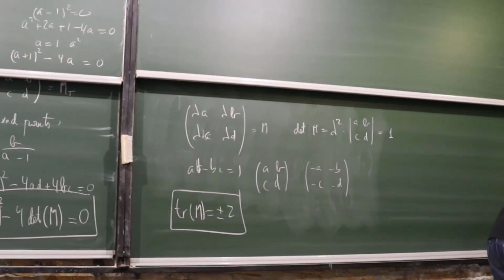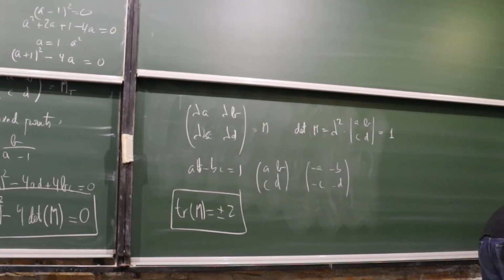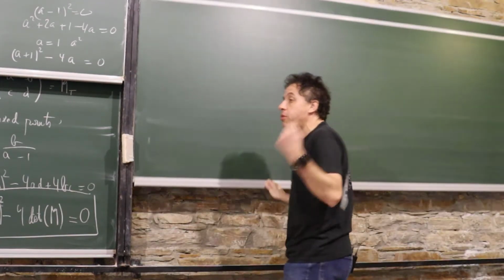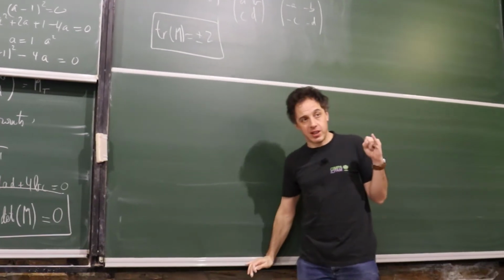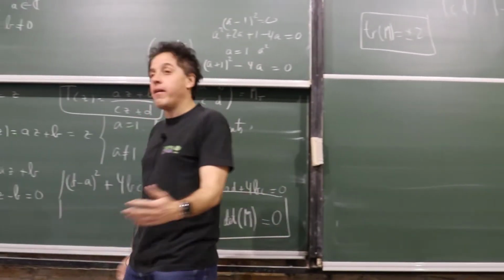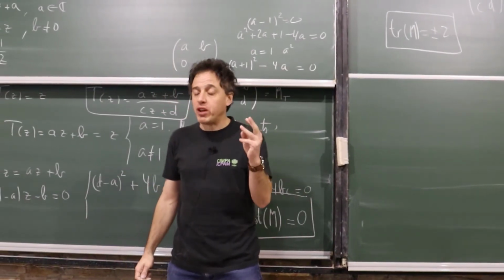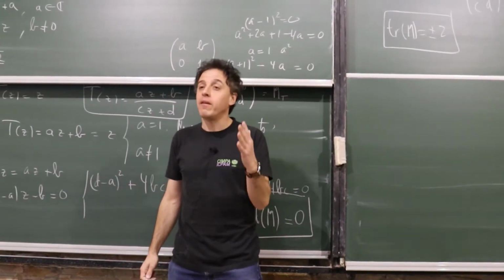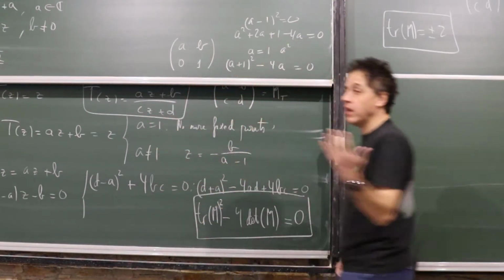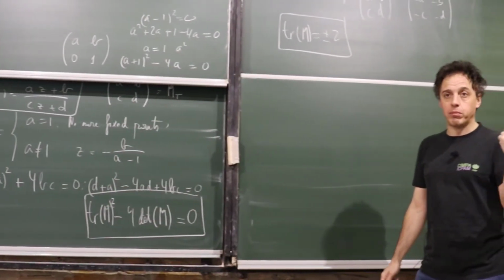So we have at least one fixed point. In particular, if you have a Möbius transformation with three fixed points, and this fact will be used sometimes, it is the identity map, always. Because if it's not the identity, it has only one or two fixed points.